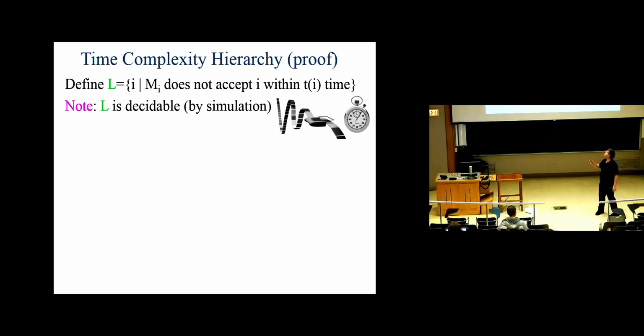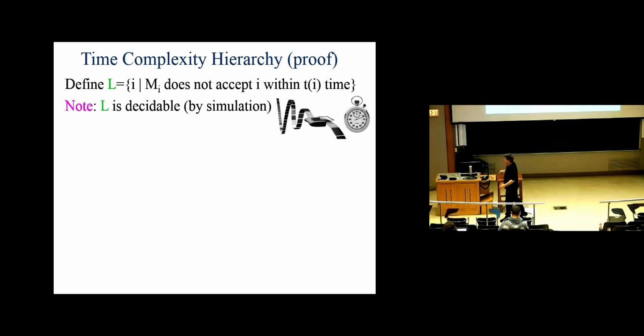And then we can make this decision. We see if the ith machine accepts or doesn't accept the ith input within time t of i, and we report that it's in the language if and only if the ith Turing machine does not accept the ith input within time t of i.